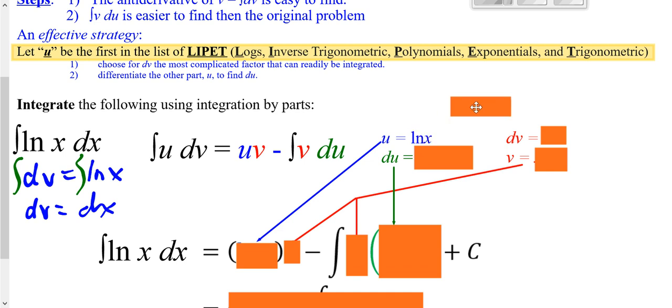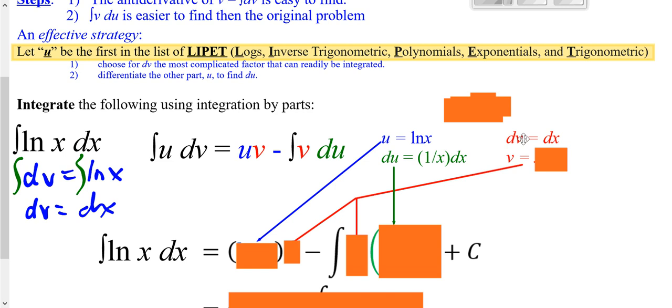So we'll let u be your log, which makes sense in the context of what we had up here for LIATE. The first thing that shows up is log, so you let that be u. Well, the derivative of this is 1 over x dx. That means the other part over here, your dx, would have to correspond to your dv, because you have a u and a dv in your problem. Then we have to get v.